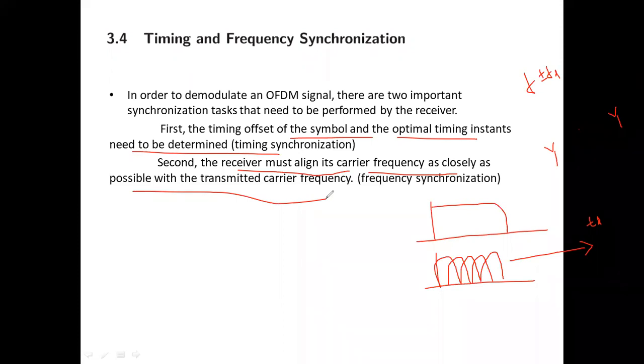So you receive the data, and for amplitude modulation, frequency modulation, phase modulation, for all those things to work at the receiver, one requirement is that your carrier at the receiver should be in phase with the carrier phase at the transmitter.